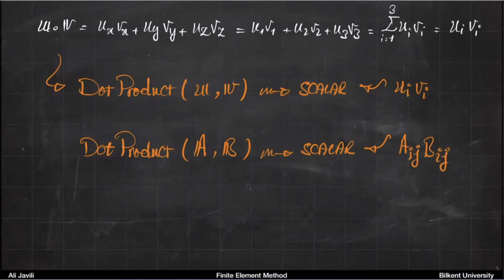All right, so now you have two loops, and basically if you wanted to expand this, this would give you something like a11 b11 plus a12 b12 plus, you keep going until the end, right?